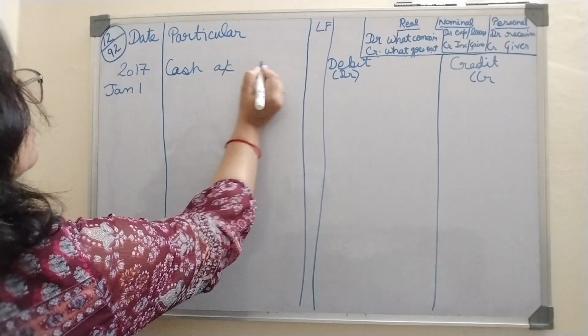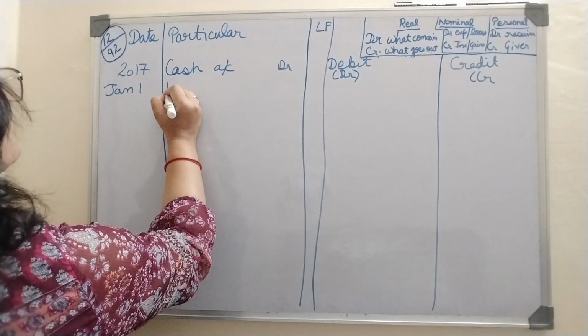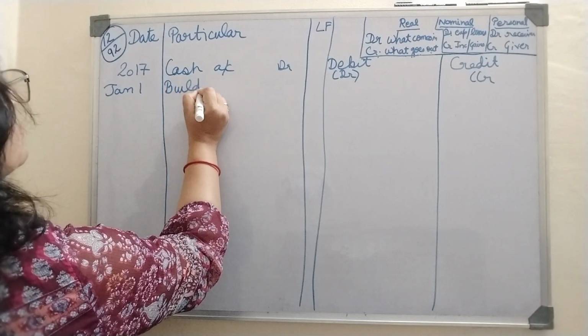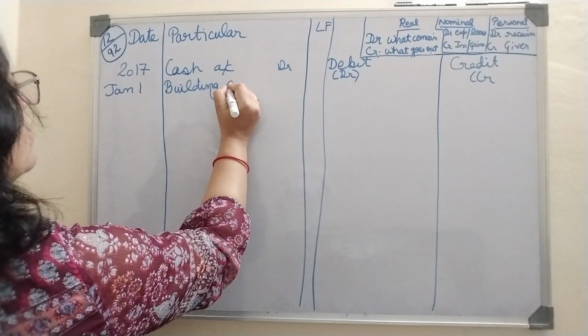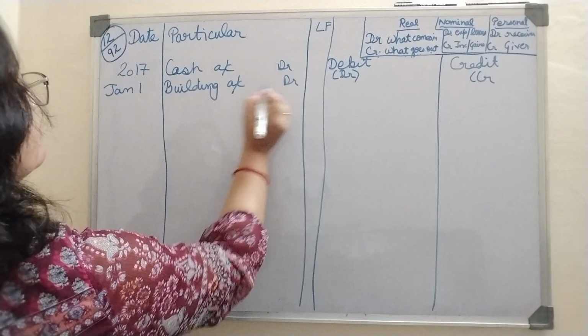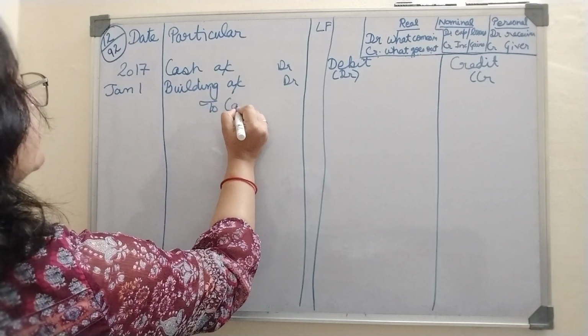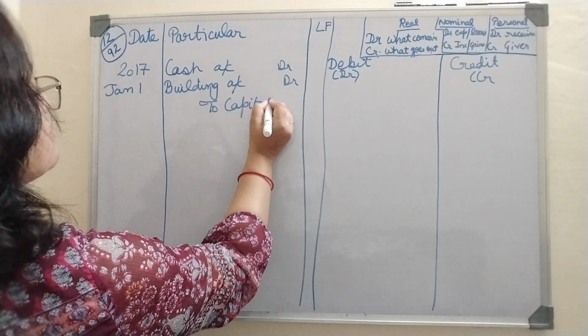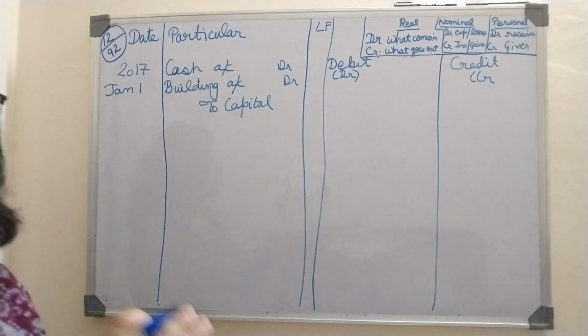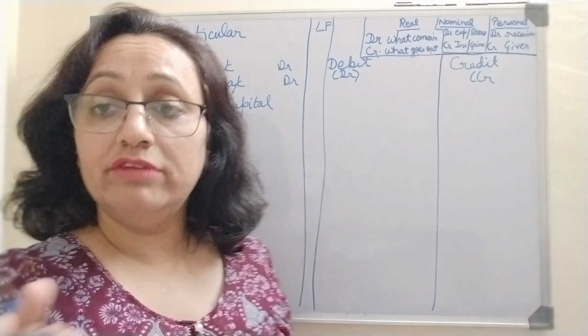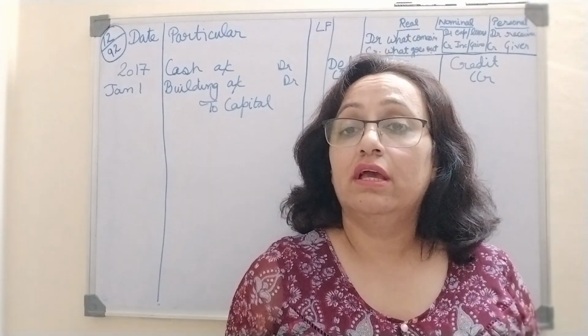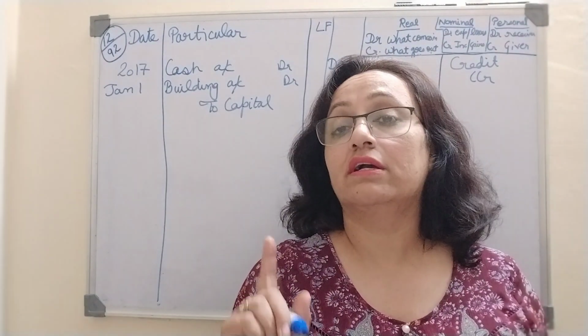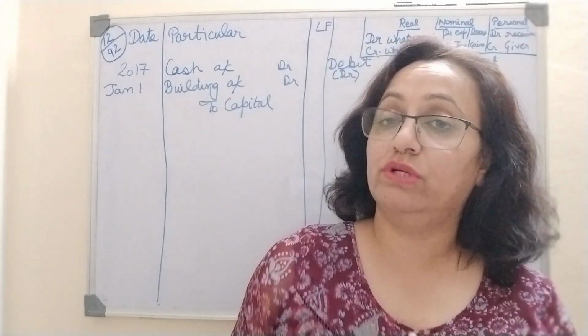So cash account debit, building account debit, to capital. Why is capital credited over here? Capital is always a credit account. You remember when we were doing the accounting equation, capital always was on the credit side of the accounting equation.